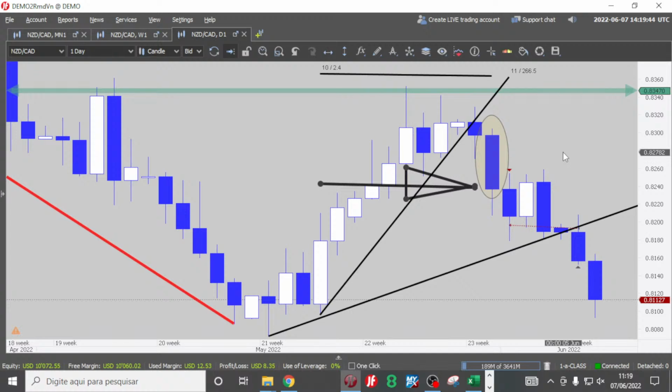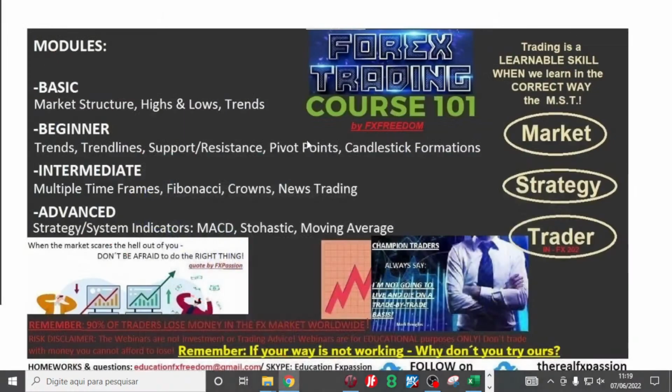Everybody, can you do this? This is the learnable skill that you should have acquired. I'm not sure if my English is correct, but this is the learnable skill so far that you should have acquired and understand how this market works.